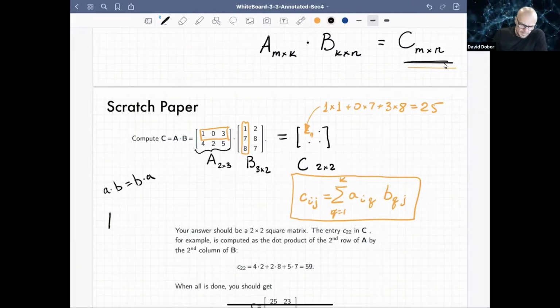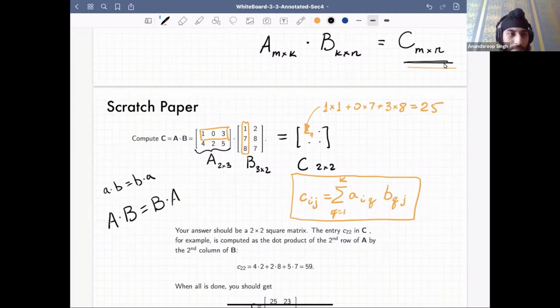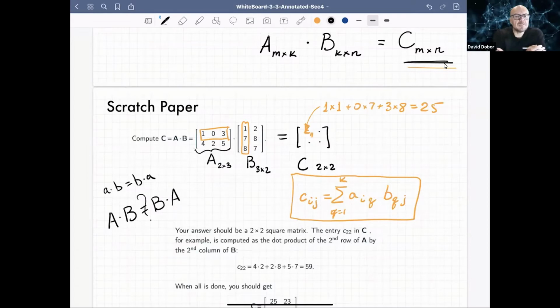But when you're dealing with matrices, is it true that A times B equals B times A? Not always. It may not even be defined. In this case, for example, A times B is perfectly well defined. It's a 2 by 2 matrix C, but B times A is not even defined.